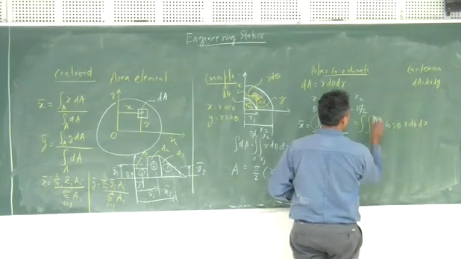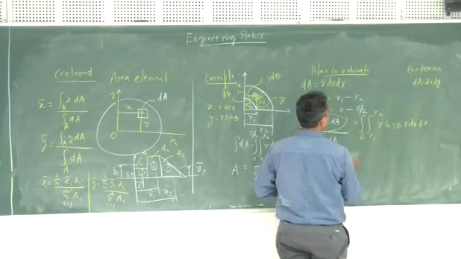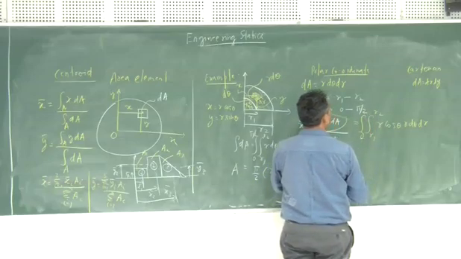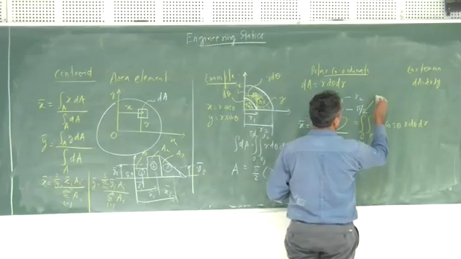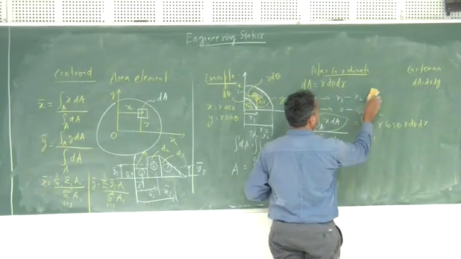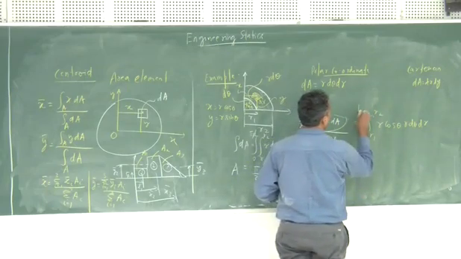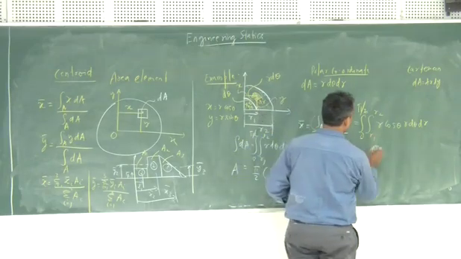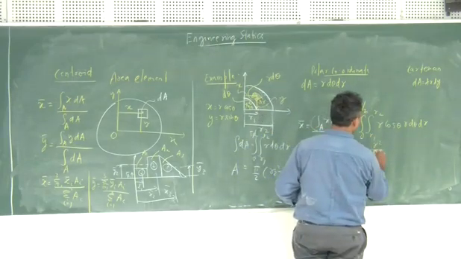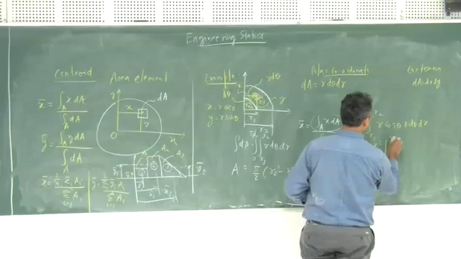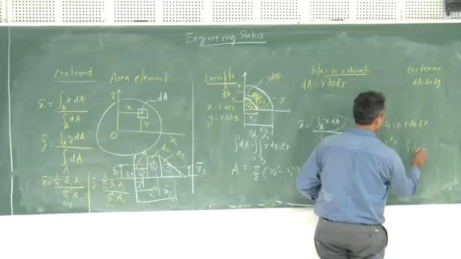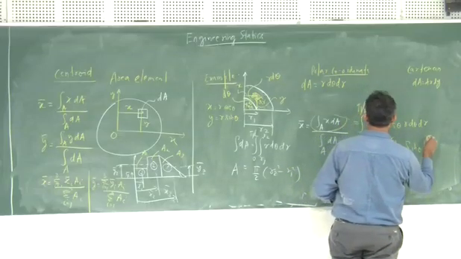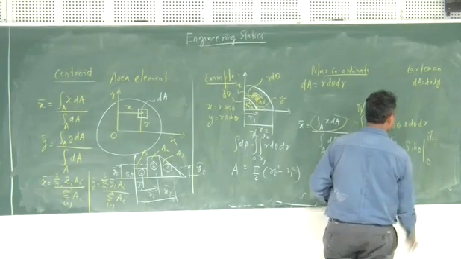So again, dr, and theta is equal to pi by 2 from minus pi by 2, with sin theta by root 2.